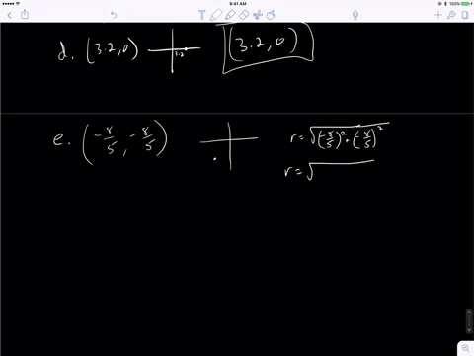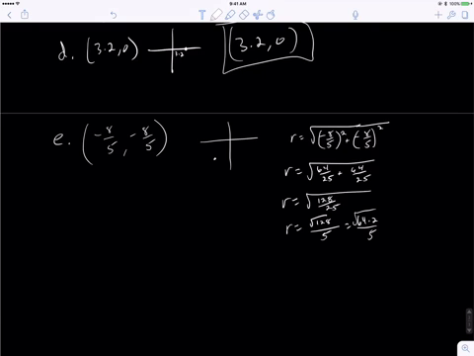So that's going to be the square root of 64/25 plus 64/25, which is the square root of 128/25. So that's going to be the square root of 128 over 5, which is the square root of 64 times 2 over 5. So that's going to be 8 root 2 over 5.